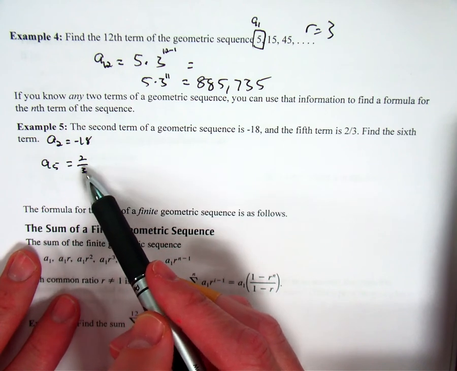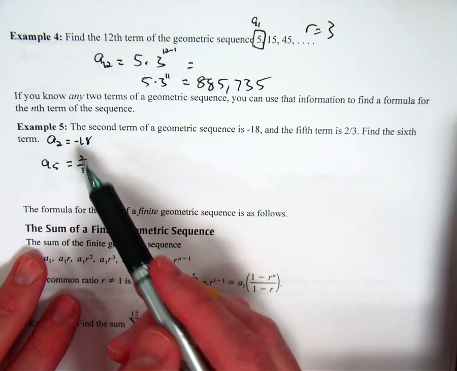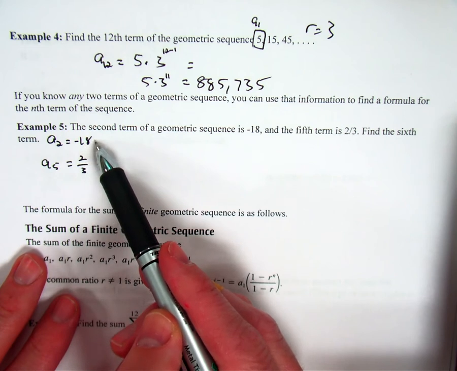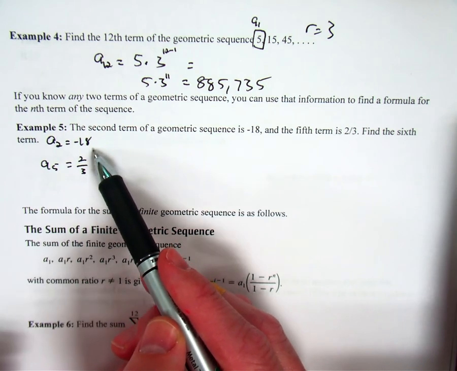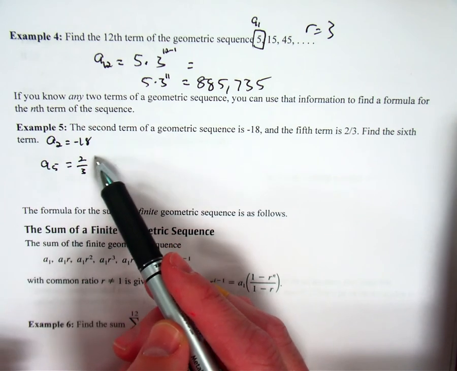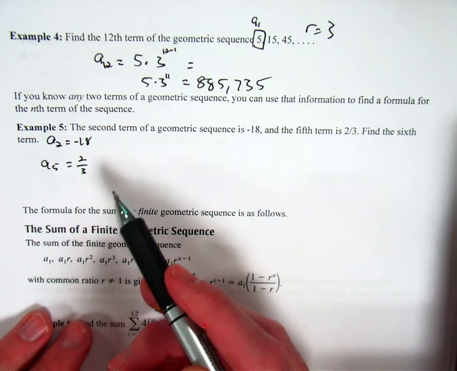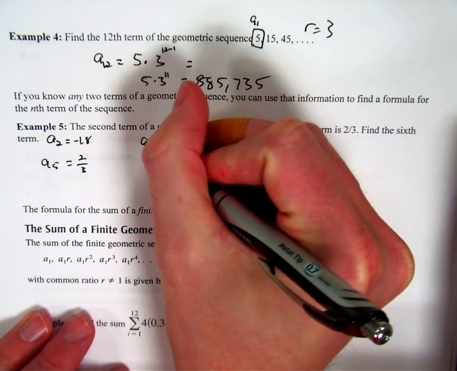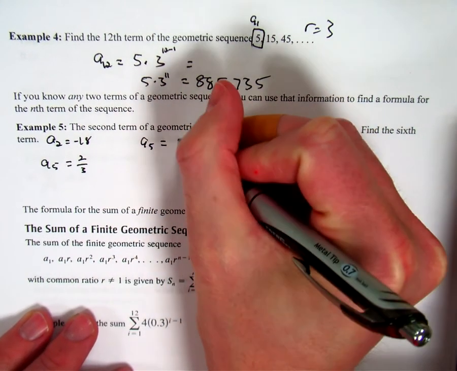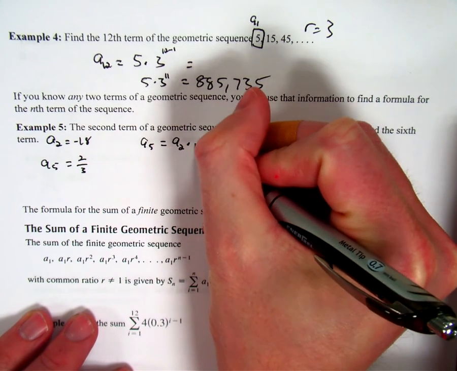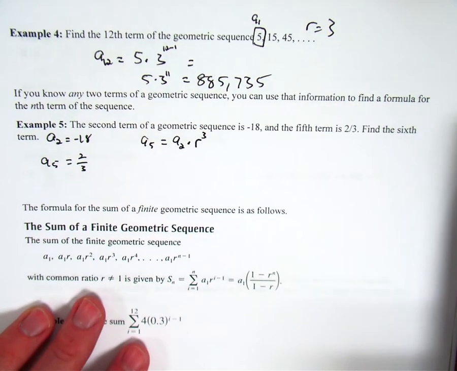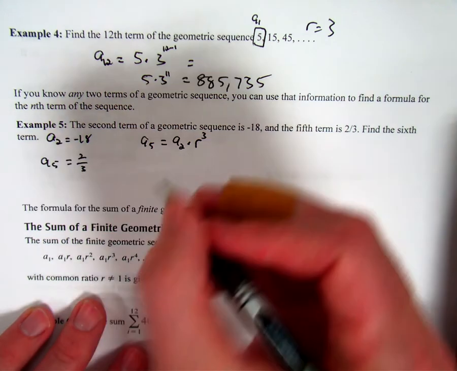If you're thinking about it recursively, to get the next one, I'd have to multiply by my R. That would get me to A3. Multiply by R. Now that gets me to A4. Now multiply by R a third time, and I'm at A5. So A5 would equal A2 times the ratio cubed, R times R times R.